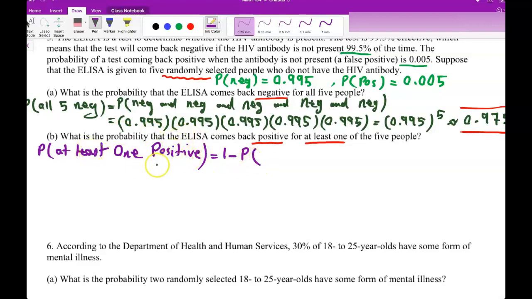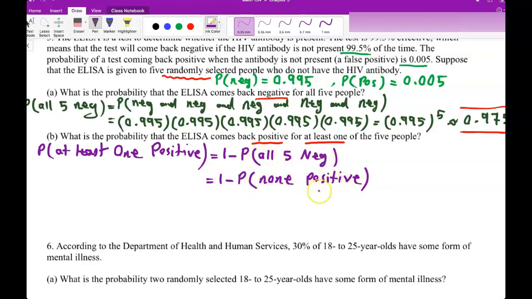So here we have positive. Here on this part I have negative, all of them. The probability of all 5 negative. Or in other words, here is 1 minus probability of none is positive. See, none is positive. It's exactly the same as having all 5 negative.